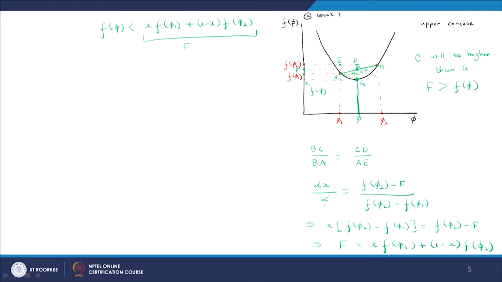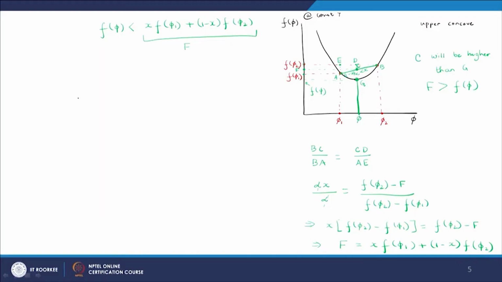Okay. So, if the graph has an upper concave shape, we always have this particular relation that the function value is less than this. Now, you can think of any particular value of x, it does not really matter what x we choose. We always have this thing that if I connect the 2 points by a line, the function value will always be below that particular line, okay, so as long as the graph is upper concave.